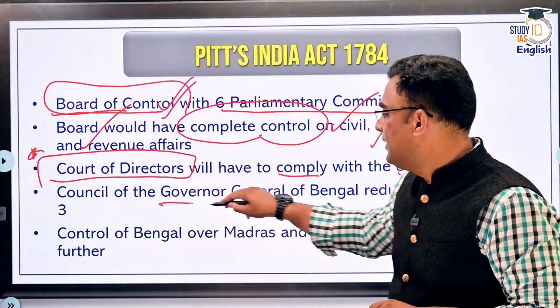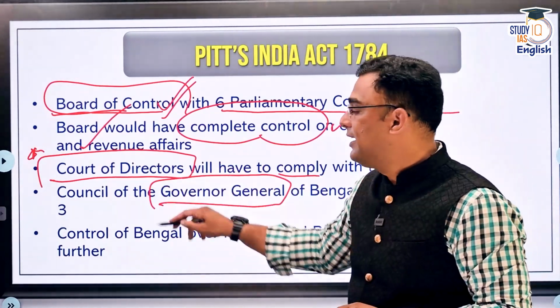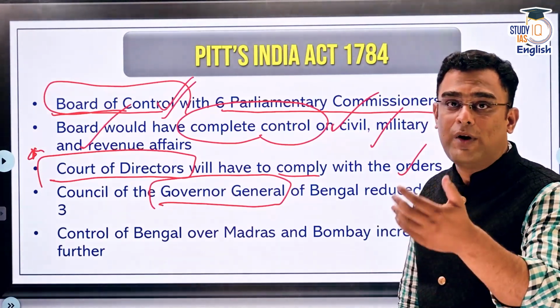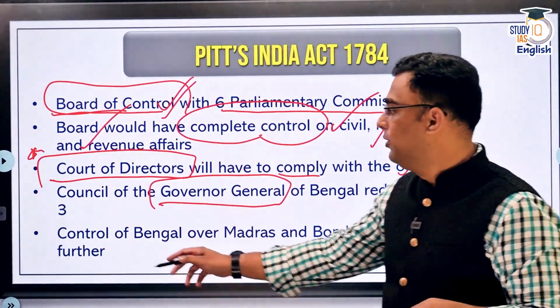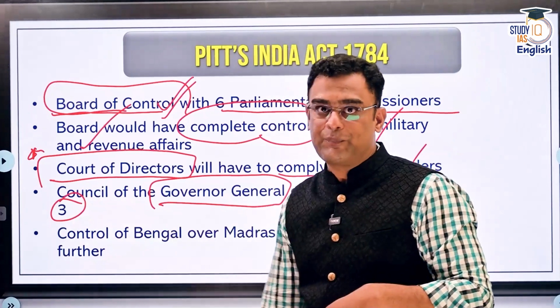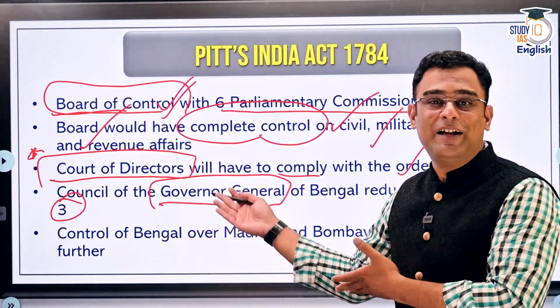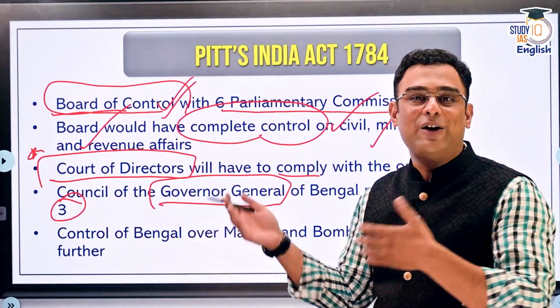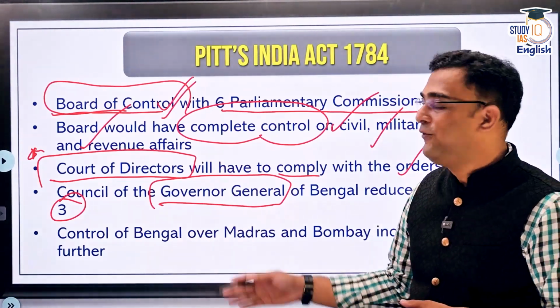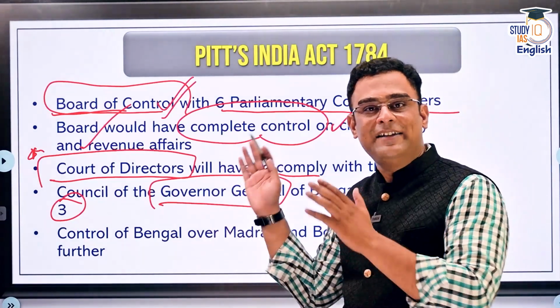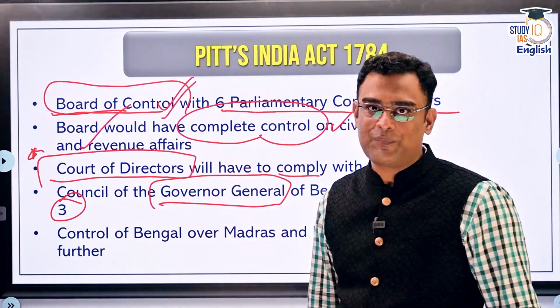The Council of Governor General, which was earlier having 4 members, was now reduced to Governor General plus 3. Warren Hastings kept on writing letters after letters complaining about these 4 fellows who don't allow him to work, so to speak. And finally, the British government relented and the number was brought down to 3.